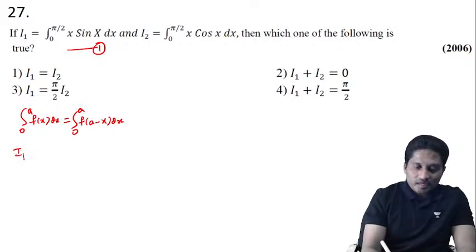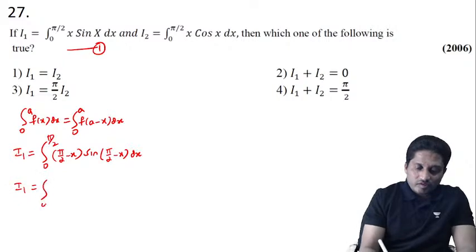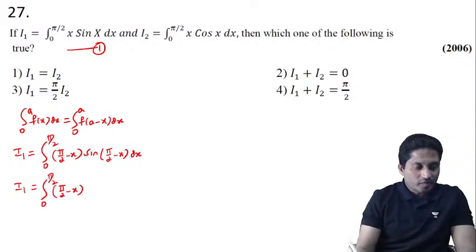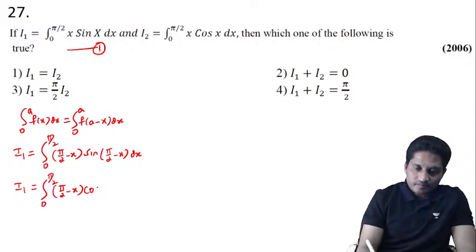So this becomes I1 is equal to integral 0 to pi by 2, upper limit minus x is pi by 2 minus x, and then you get sine of pi by 2 minus x dx. I1 is equal to integral 0 to pi by 2 of pi by 2 minus x times sine of pi by 2 minus x, which is cos x, and then this is dx.